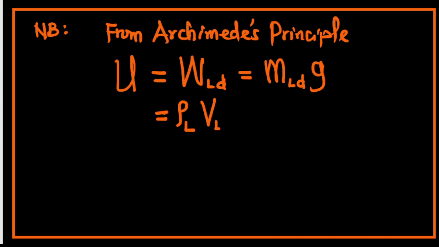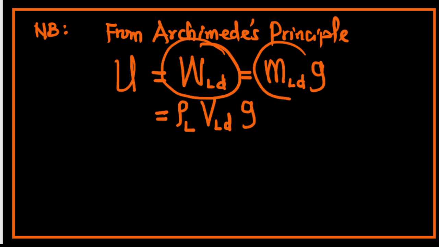You can't just say of the liquid there, it has to be of the liquid displaced if you are referring to the volume, because this is mass of liquid displaced times G. So it is either the question simply gives you the weight, or gives you the mass, or gives you the volume of the liquid displaced. Now, it is very, very rare the question gives you the volume of the liquid displaced. The question will leave you to deduce it out yourself.